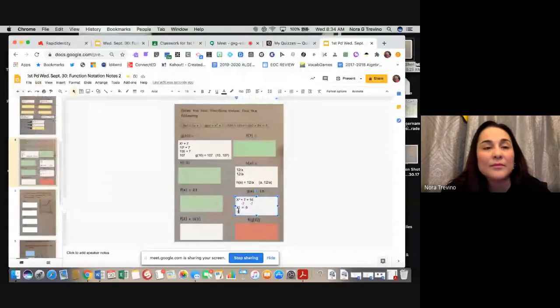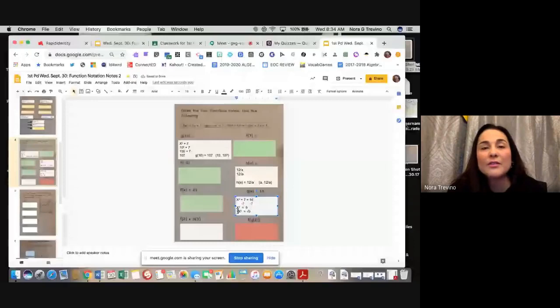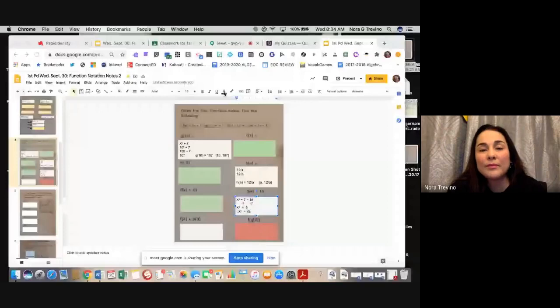So I'm taking the square root of the x squared, and then I'm also taking the square root of the 9. So I'm taking the square root of both sides. I don't know if it'll let me change this to red. There we go. So that you can see what it is that I'm doing. All right.